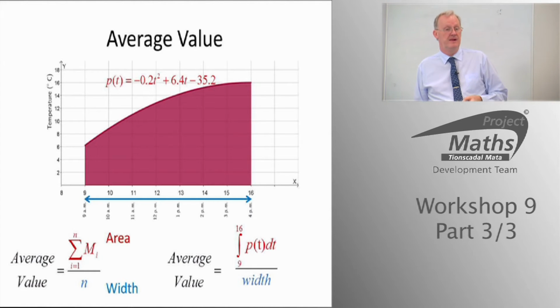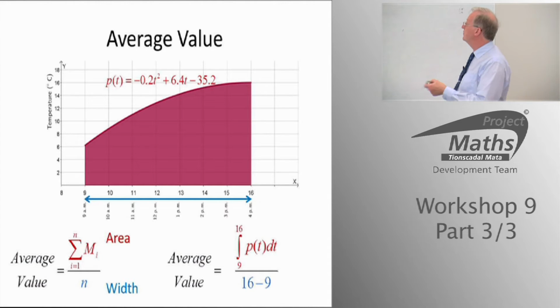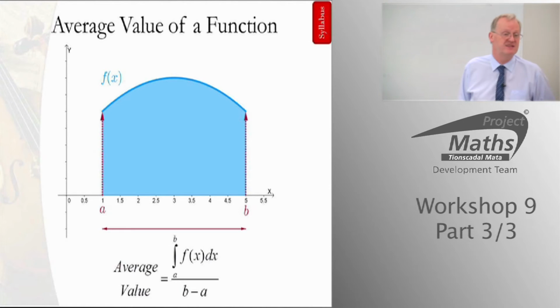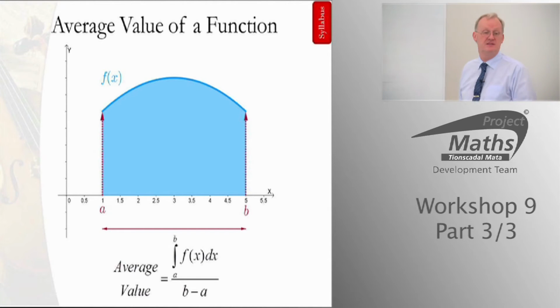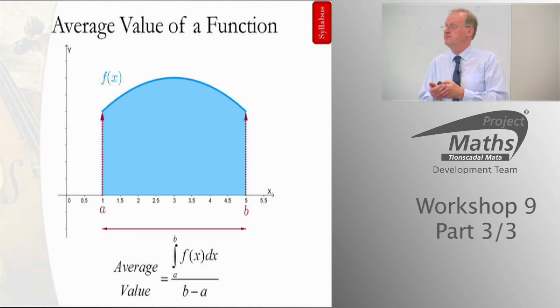It's the integral of that function between the limits. And what's the width? It's the change in x. And what's the change in x in this case? 16 minus 9. So if you look at it in general, what's the average value of a function?